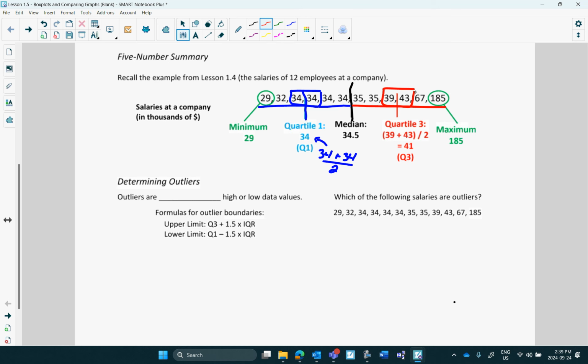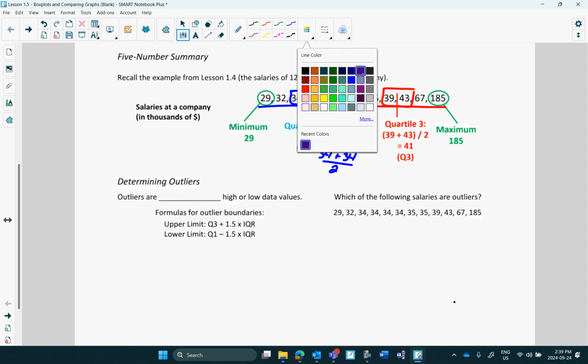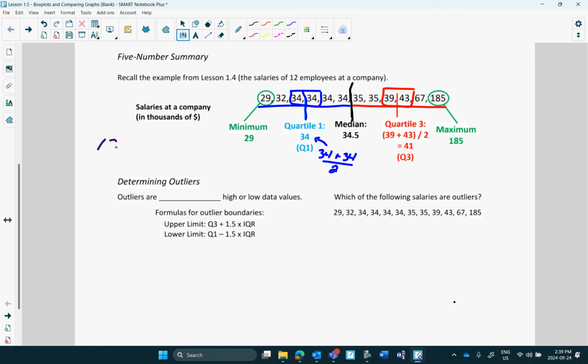And then to actually find the IQR, we always take whatever the value of Q3 is minus Q1. So in the last class, we found the IQR was 41 minus 34, which equals 7. But remember, these are salaries in thousands of dollars, so it's 7,000.